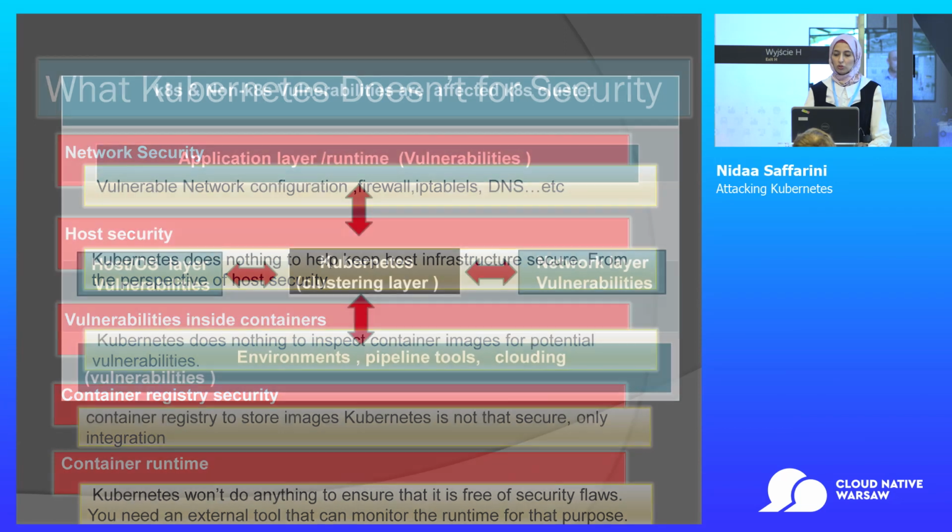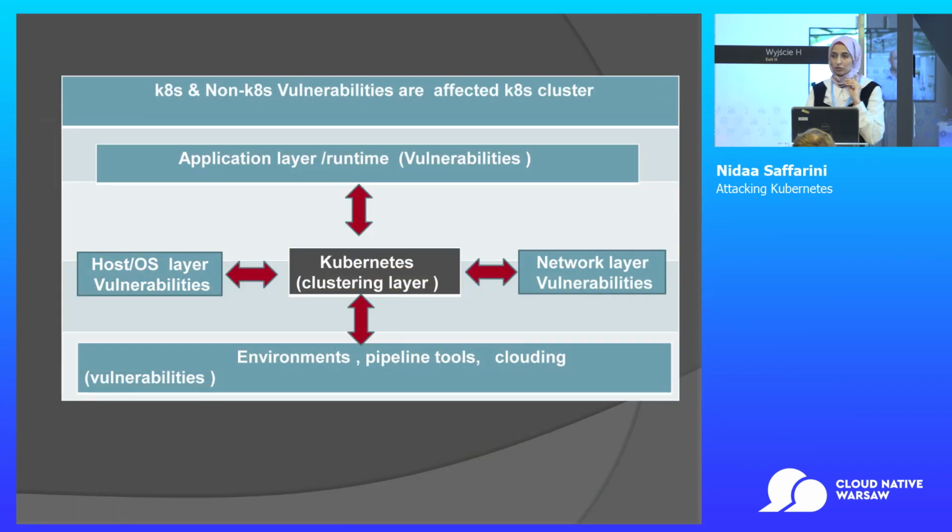That's why we should say now that if we want to talk about Kubernetes security, this is something not separated from our infrastructure. Every layer integrates with Kubernetes, with its security, with its vulnerability. So if we have network vulnerability, it will affect Kubernetes. If we have vulnerability in the host, it will affect Kubernetes. And the relation is bidirectional.